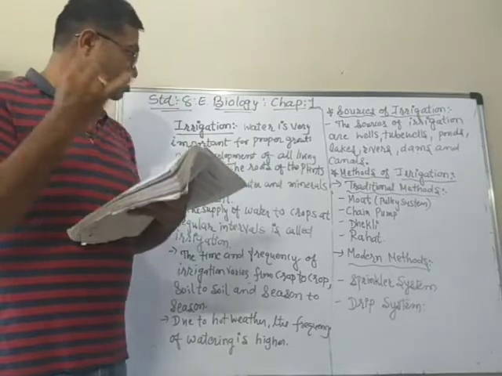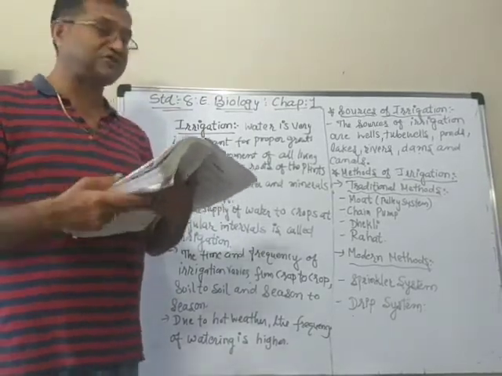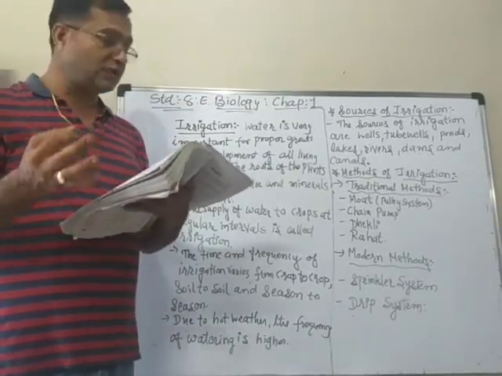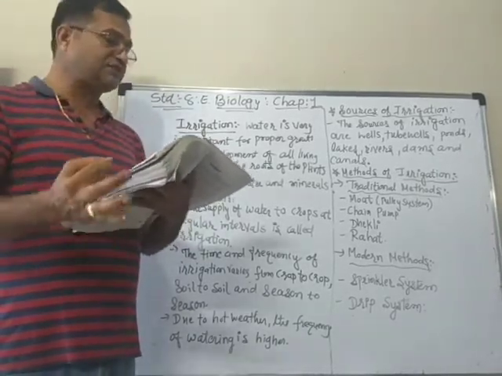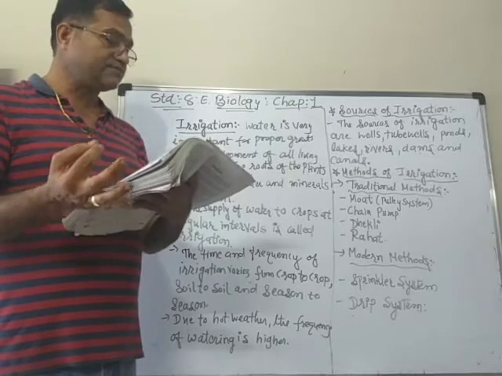The list was preparation of soil, sowing the seeds, adding manure and fertilizers, irrigation, protection from weeds, harvesting and storage.